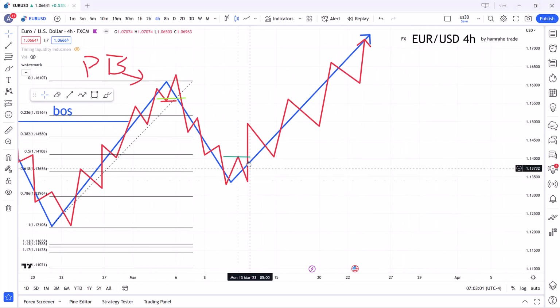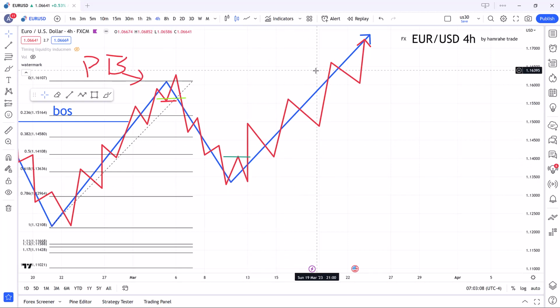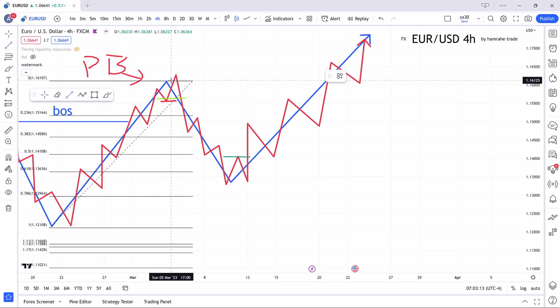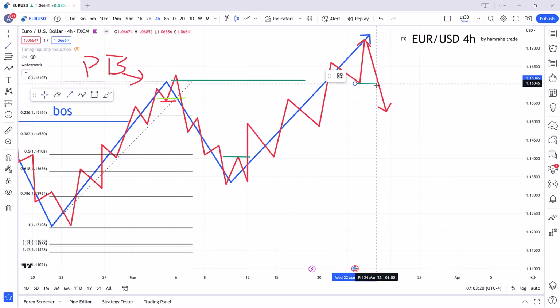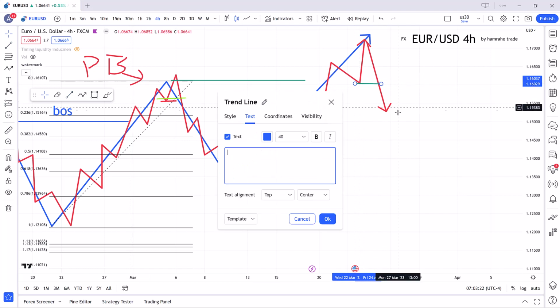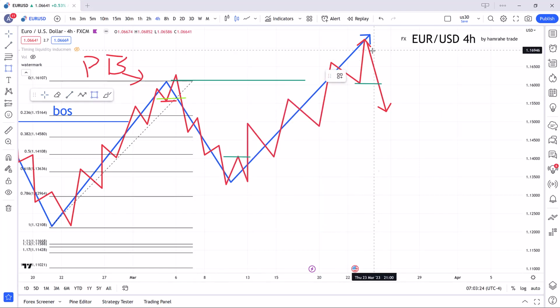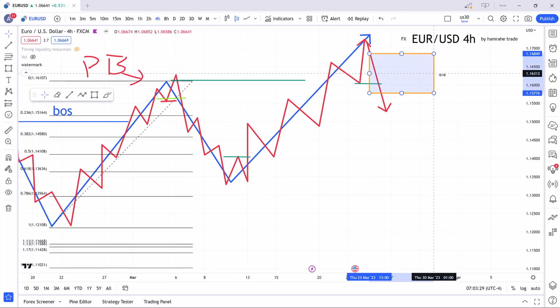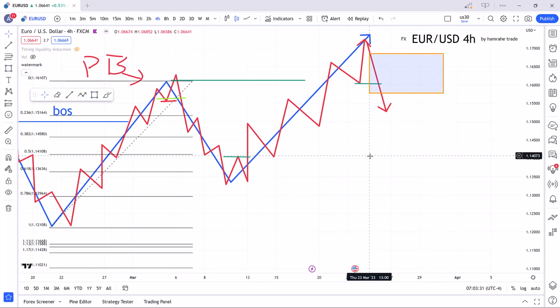So we can say that this pullback has finished its job, and the market is going to start its impulsive move, to the point that again it breaks some structure and it makes another minor pivot to the downside. But the important thing is that it is better to print some kind of imbalance on the way down that we talked about. So let's see this on charts.